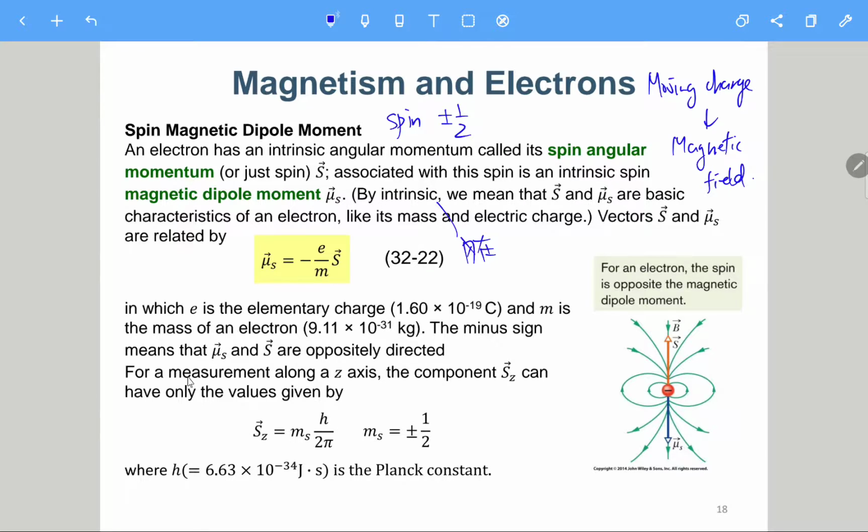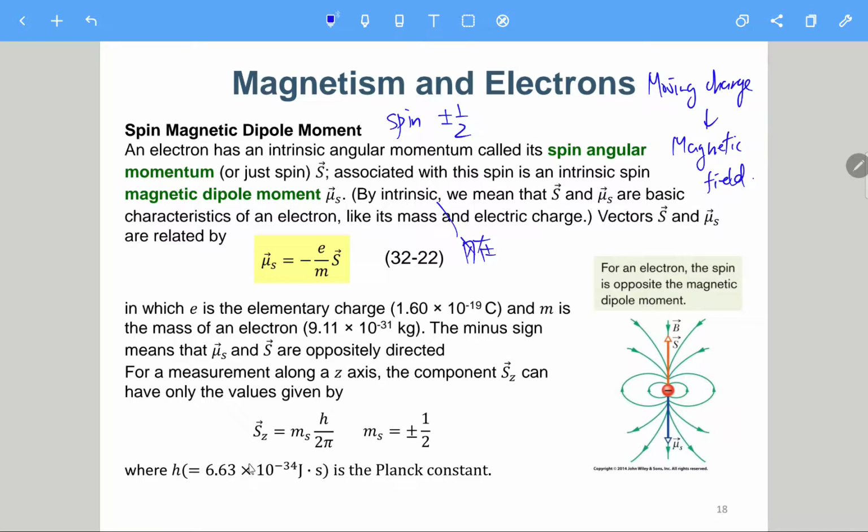Okay, so for measurement along the z-axis, the component Sz can have only the value given by m_s. m_s is either plus or minus 1/2, which is the spin you learned in quantum mechanics in high school.